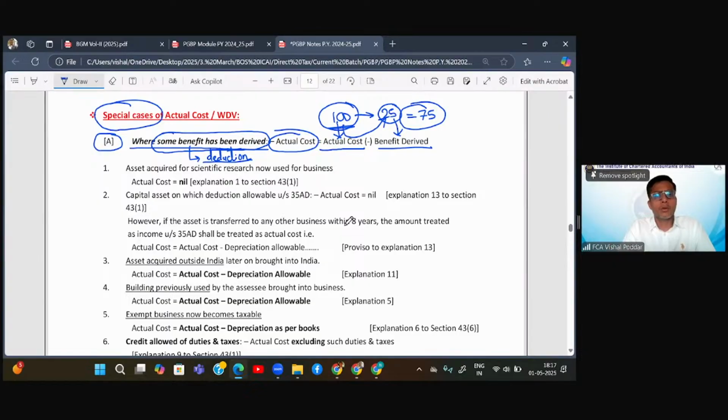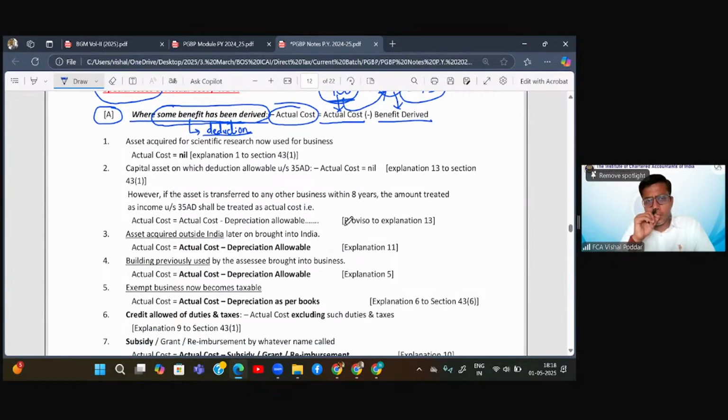I hope this is clear to you all, students. See, there are so many provisions, so many sections, but it is not difficult to understand. Yes, it may be slightly challenging to keep in mind so many things, but if you go by the logic, I believe it is possible to keep the majority of this in mind for the purpose of exams.